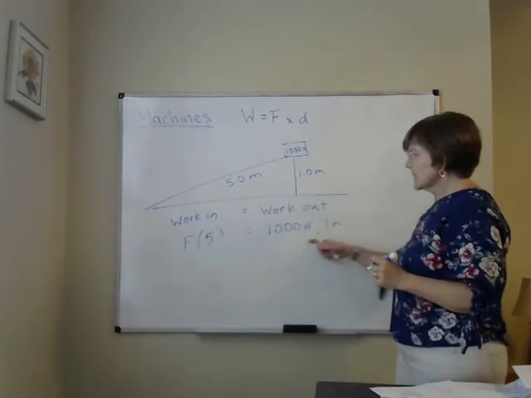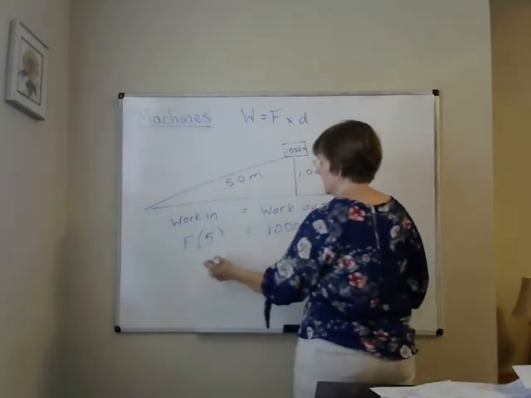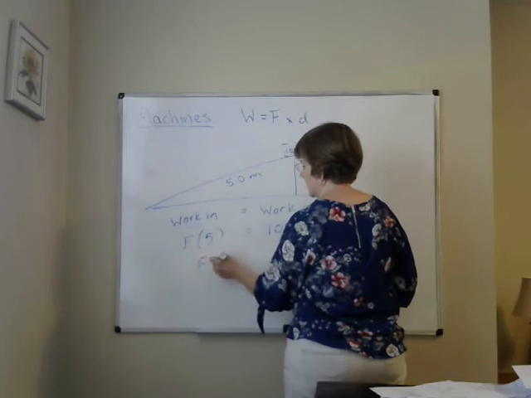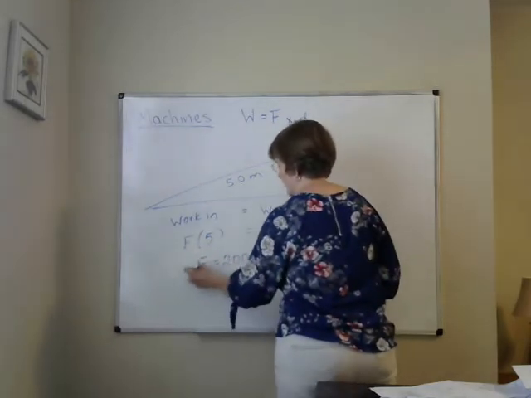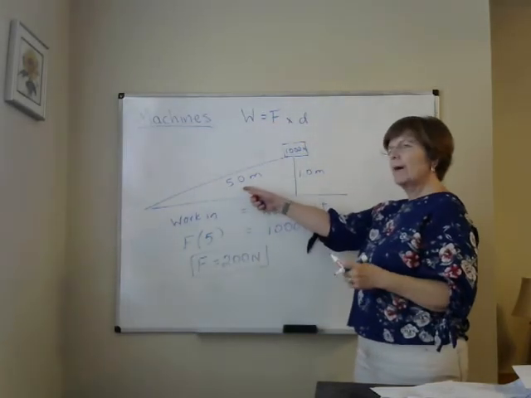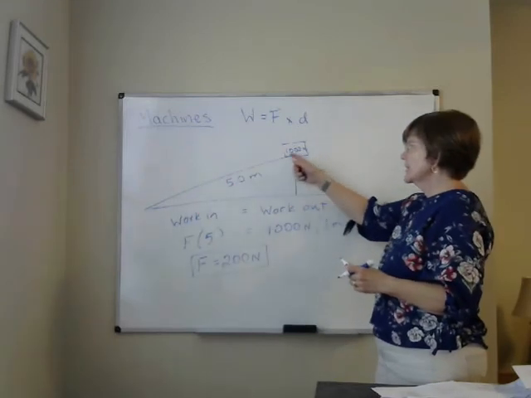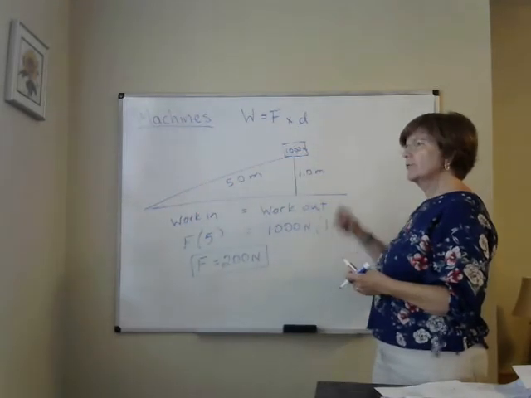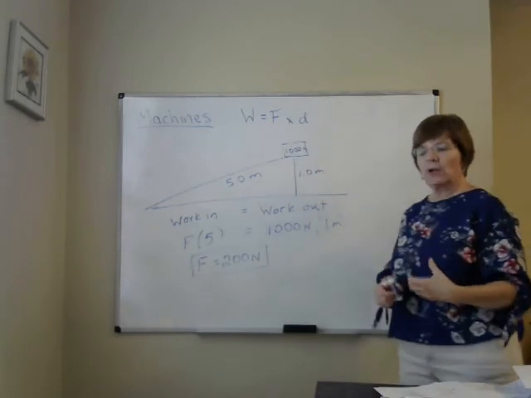Well, this is 1,000. If I divide by 5, I see I only need a force of 200. A 200 newton force acting over 5 meters will allow me to push this all the way up to the top.